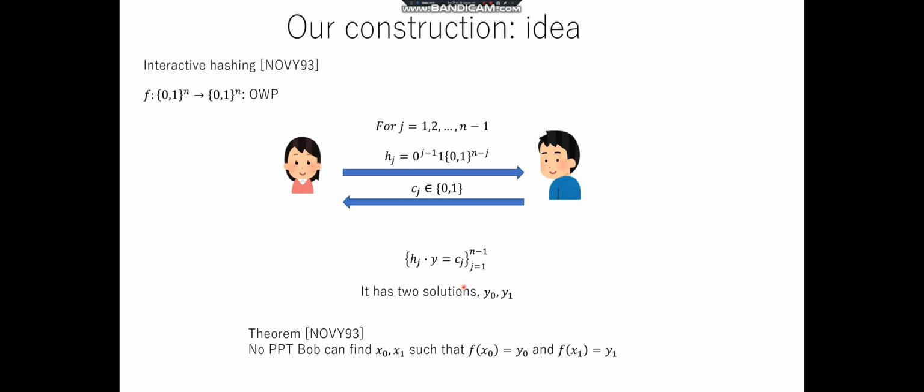Then they showed that no probabilistic polynomial time Bob can find both x0 and x1 such that x0 is the preimage of y0 and x1 is the preimage of y1. They used this idea of interactive hashing for the construction of bit commitment, but we use this idea for the construction of proofs of quantumness.